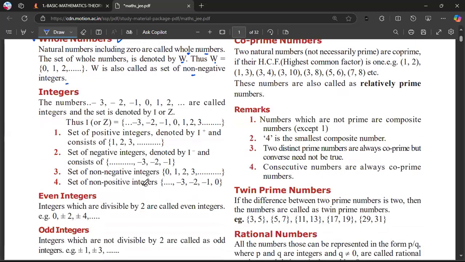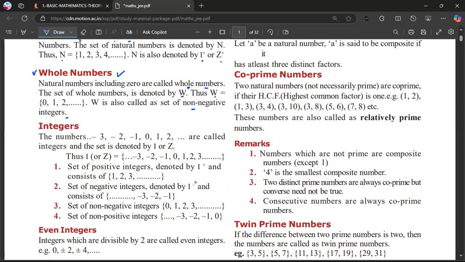Great. So, discussing integers. Whole numbers were 0, 1, 2, 3, going on to positive infinity. We do the same on the negative side also, and the numbers go to minus infinity.